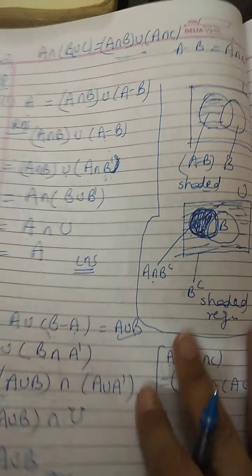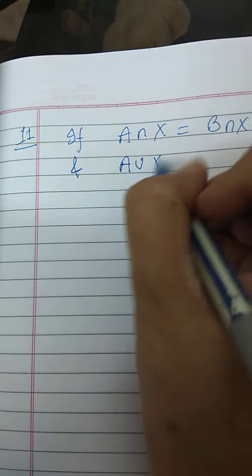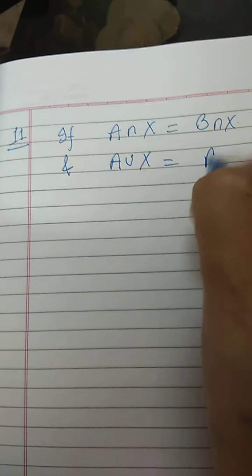Sum number 11 we will do. It is an important sum and the last proving sum of this exercise. What is given here? If A intersection X is equal to B intersection X, given equal to phi, and A union X is given equal to B union X for some set X, right?